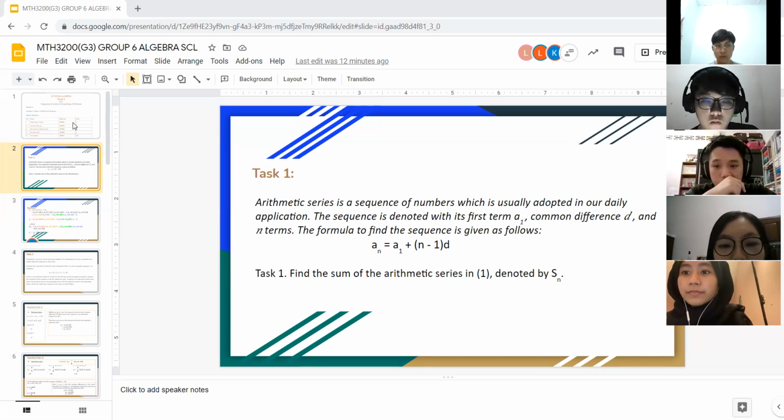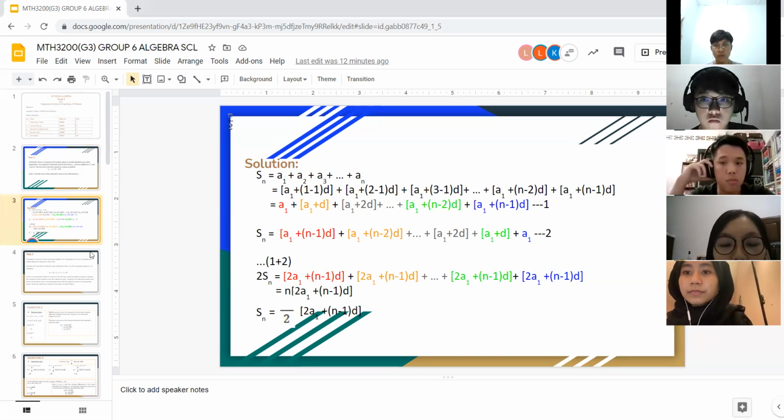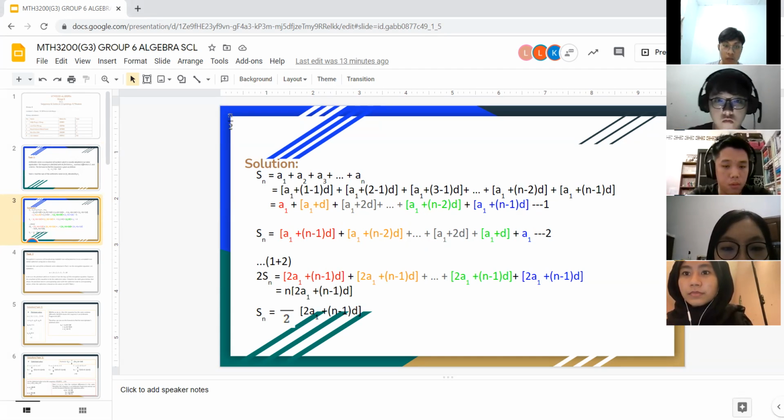So the solution is, I do it like Sn is equal to the summation of A1 until An. A1 is the first term, and I use the formula as the question given. Then I substitute the n terms into it.